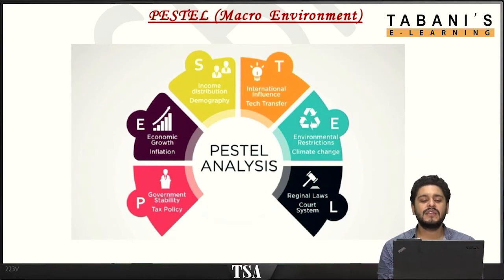P stands for political, that is, as you can see in this diagram, the government stability and the tax policies that are being operated in an economy. E stands for economic growth. What is the economic trend right now? How much inflation are we facing? S stands for social, that is income distribution. What is the trend of income distribution?